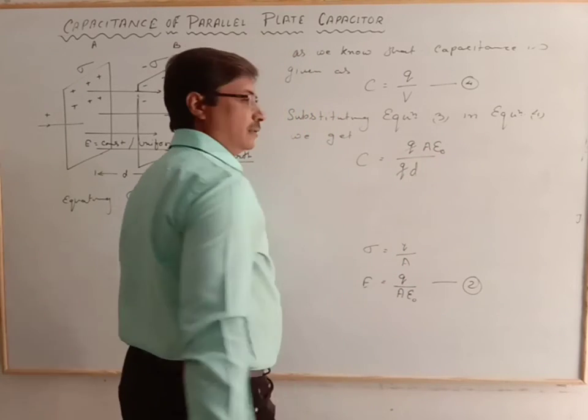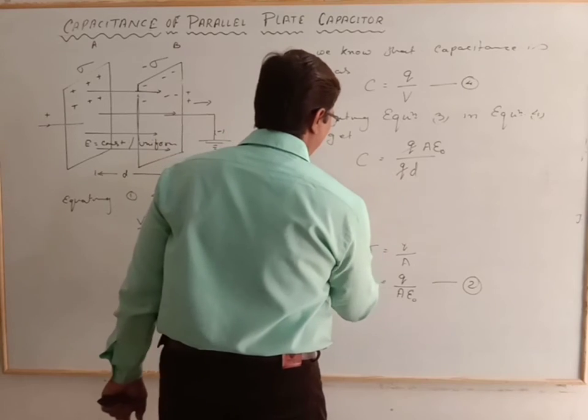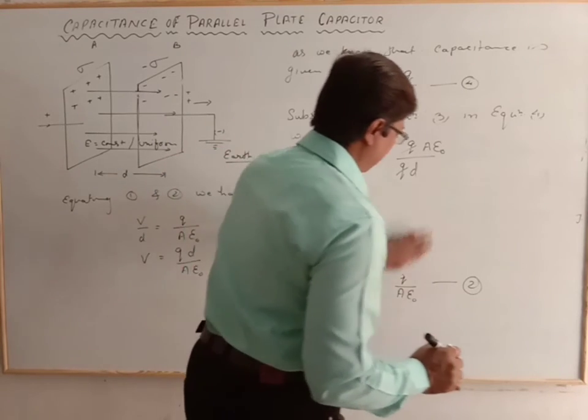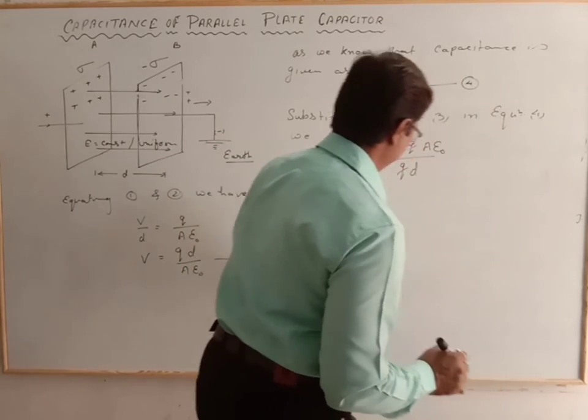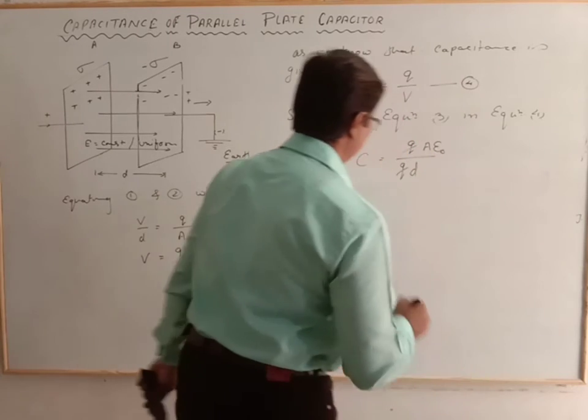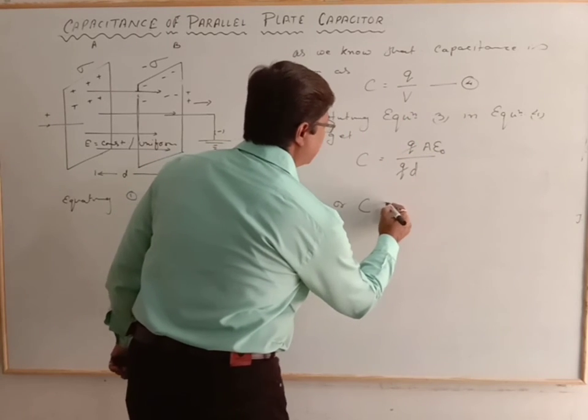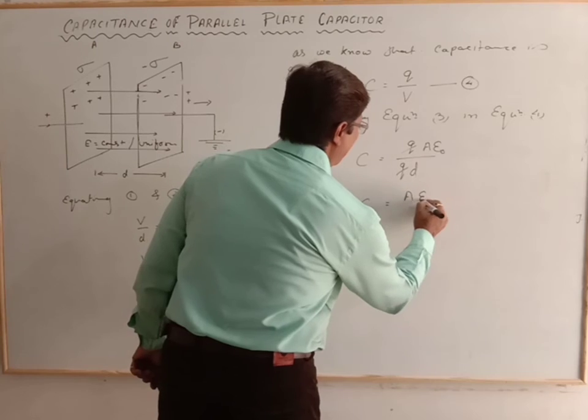Q and Q cancel. Now the capacitance is C is equal to A epsilon naught by D.